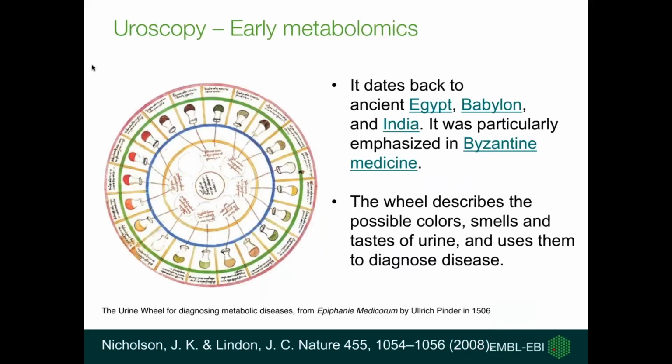So what do people do? We like to classify things, to profile stuff, to put them into categories. And this is what a lot of metabolomics people do. They profile stuff. Metabolic profiling is very well used. And this is not something new, as I want to describe from the urine wheel or uroscopy, which dates back to ancient times, from Egyptian, Babylonian, Indian, and is very well documented in Byzantine medicine, where they classified different types of urine.